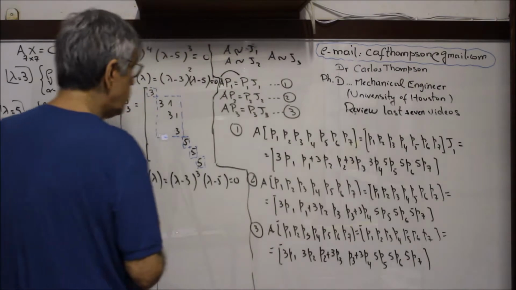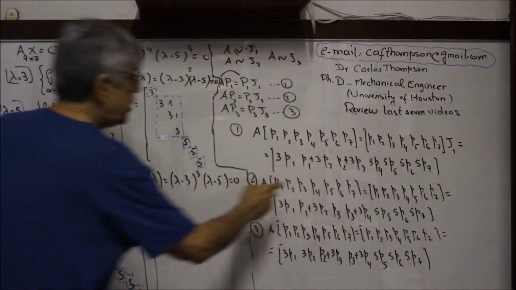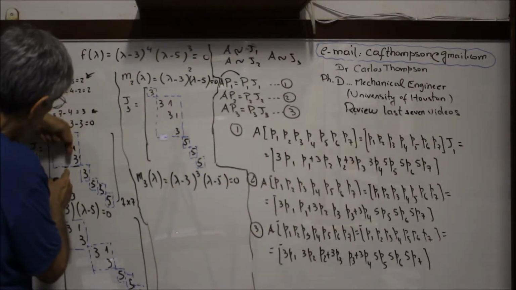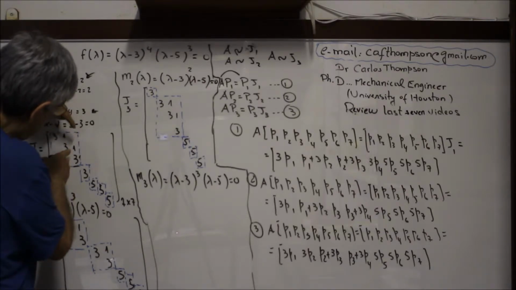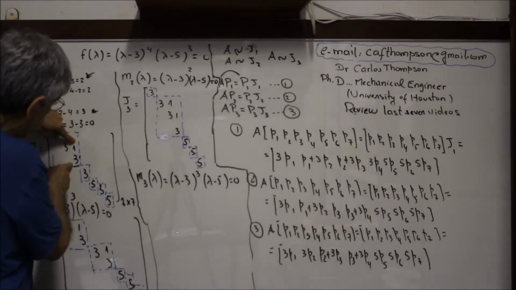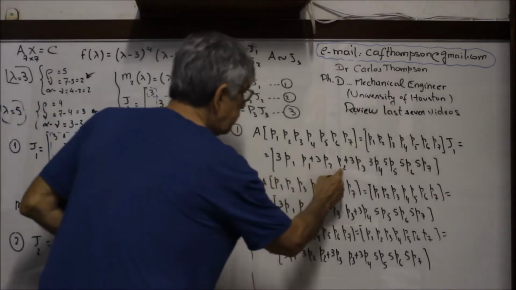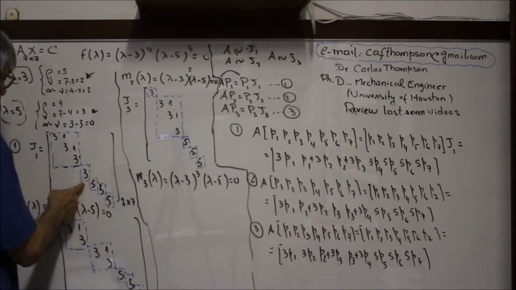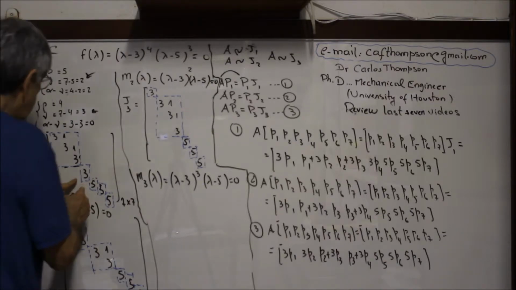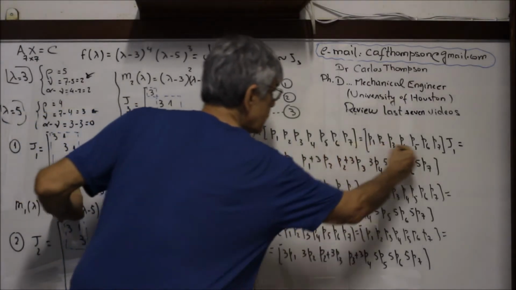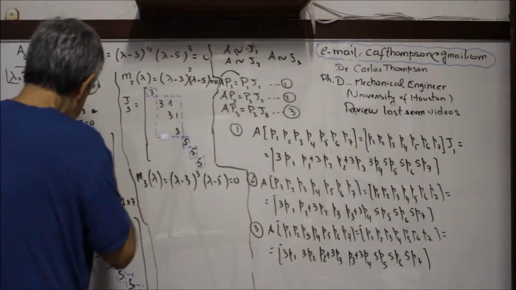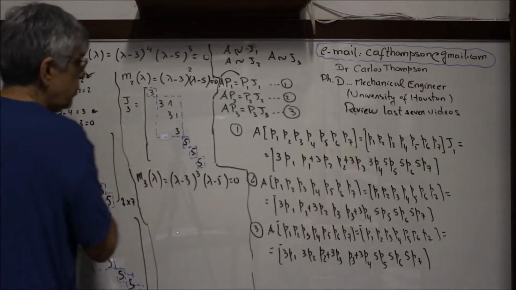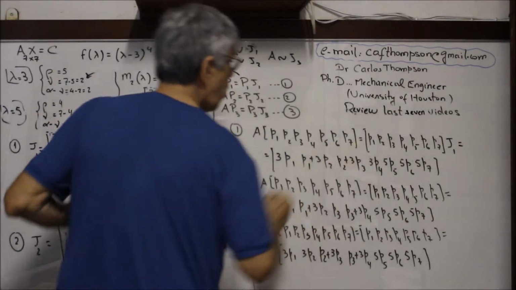Now, on this column, you have P2 plus 3P3. Now, for this column here, if you multiply this row by 3, you have 3P4.